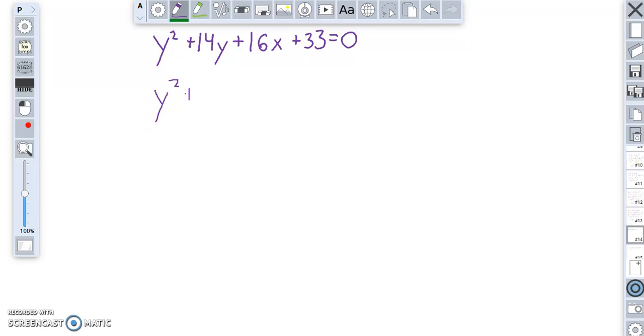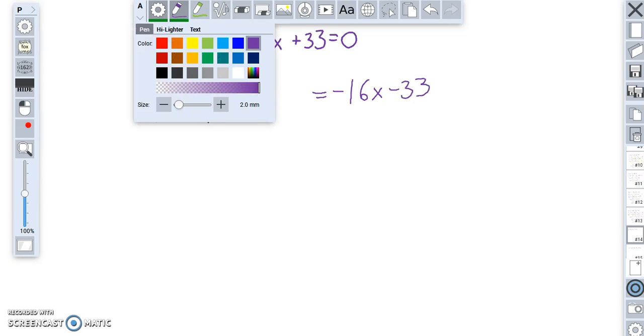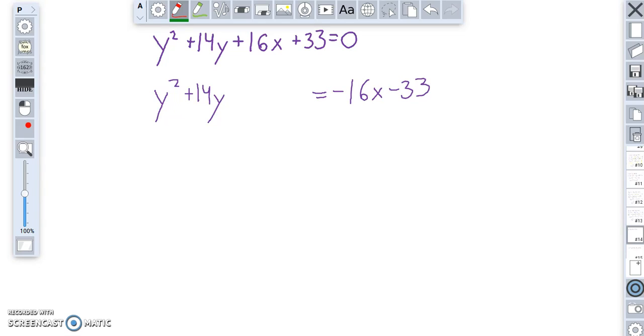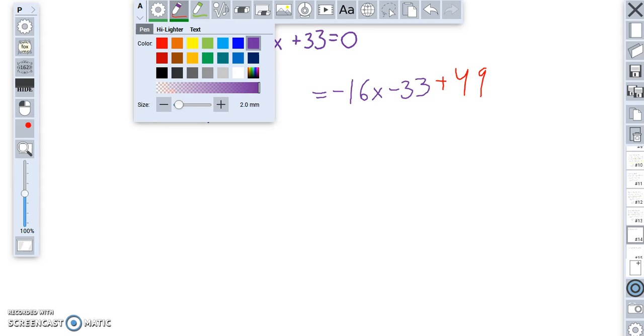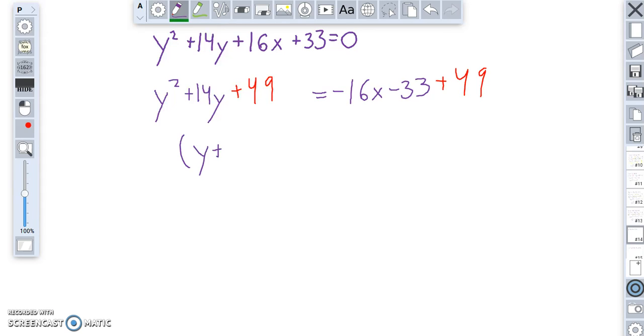y squared plus 14y. Nothing with x's. It's going to be a parabola, because I have y squared and no x squared. Send those over to this side. My magic word is please, but my magic number is 49. Add to both sides. y plus 7 squared equals negative 16 times x plus 16.